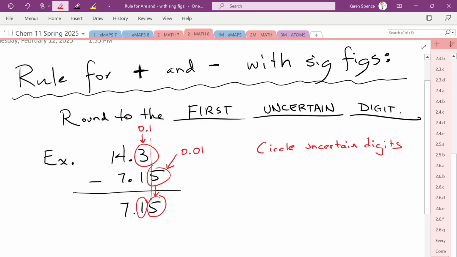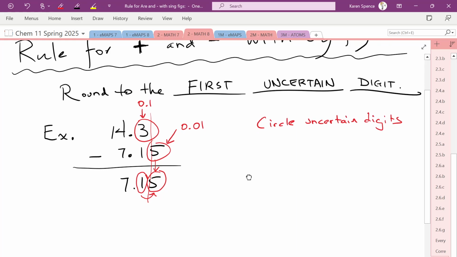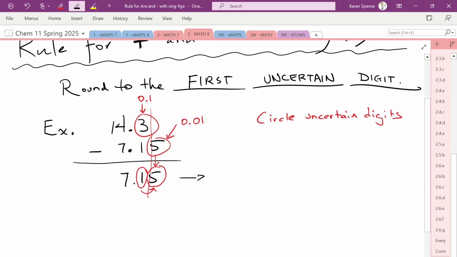So we're going to round off right there. We look to the right of the 1 and we say that is a 5. So we're going to have to round up, and that's going to become 7.2. And our uncertain digit is here.